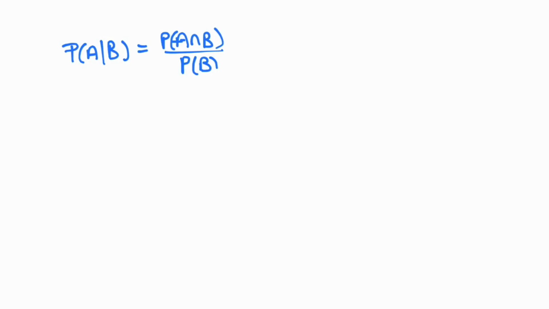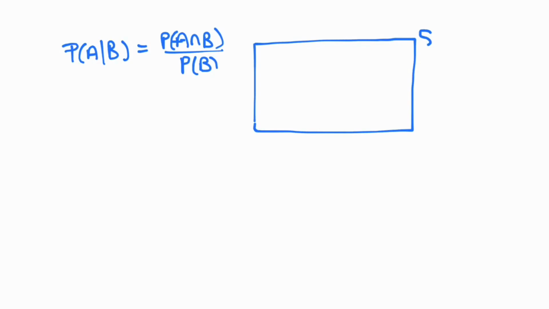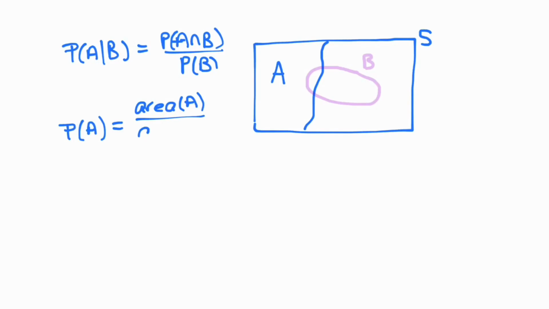And I'm going to draw a picture to sort of explain why this might be the case. So this rectangle represents the sample space S, and I have an event A, let's say it's like this, and I have an event B that is like that. Now, if I want to find the probability of A, remember we can think of it as being the area of A divided by the area of S. Now, what about the probability of A given B?